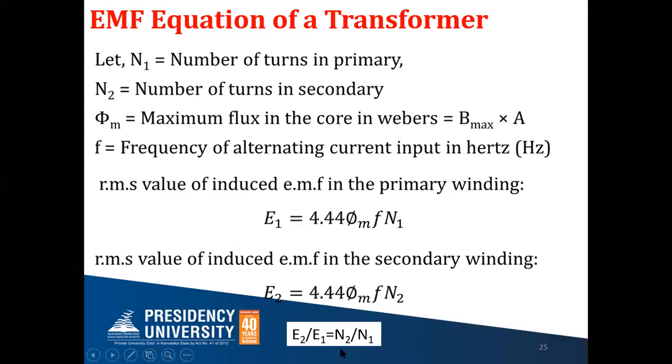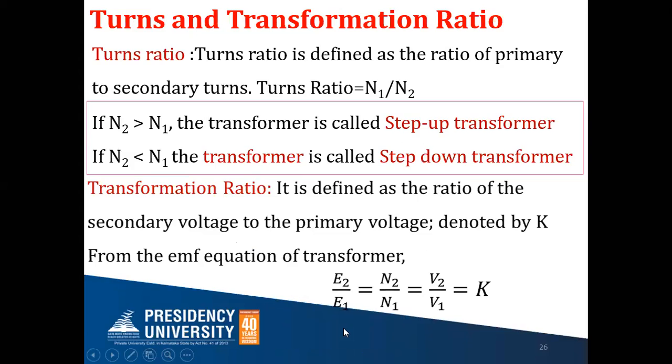This N2 by N1, we call it the transformation ratio. The transformation ratio is expressed by a letter K. So K is equal to E2 by E1 is equal to N2 by N1 is equal to V2 by V1. We are using this for analysis purposes.